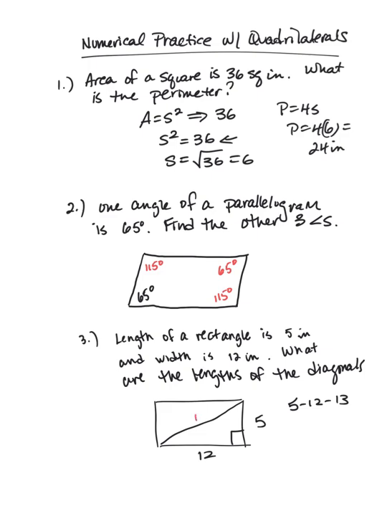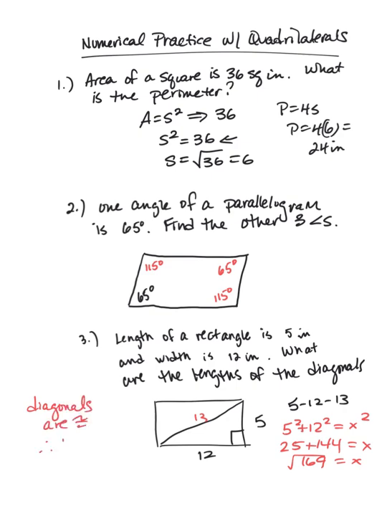If not, you would have to do leg squared plus leg squared equals hypotenuse squared. Add those together, and then get the square root, which is indeed 13. The other diagonal must be the same, because in a rectangle, the diagonals are congruent.